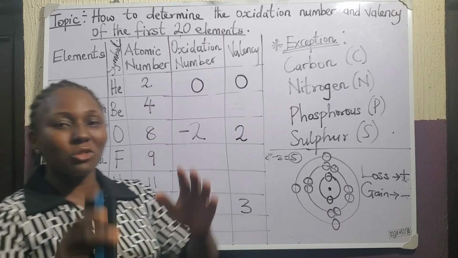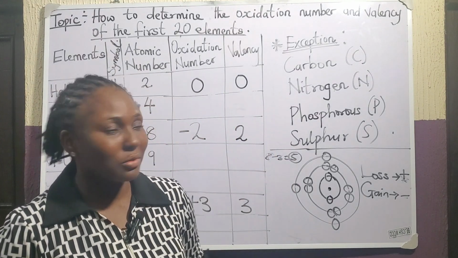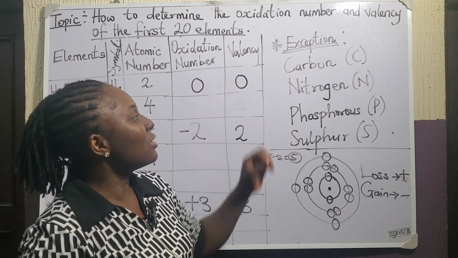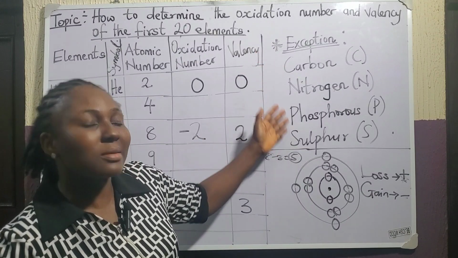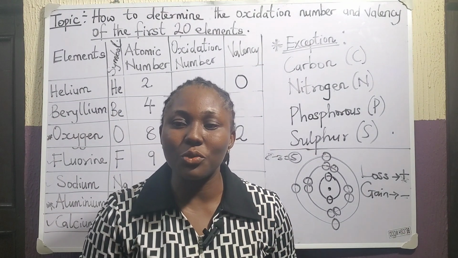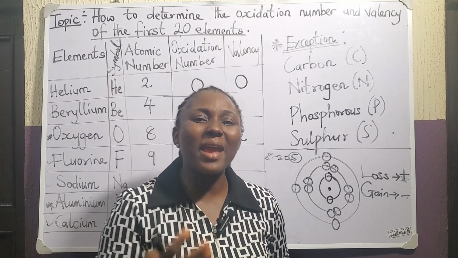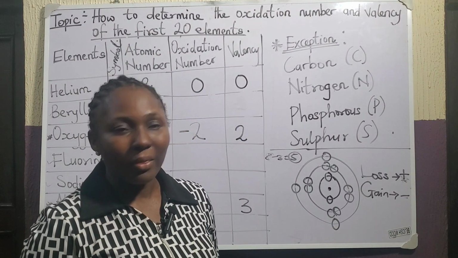Also, in the first 20 elements, we have exceptions. We have exceptions in the sense that these 4 elements don't have just one valency or one oxidation number. They have variable valency. They have more than one.